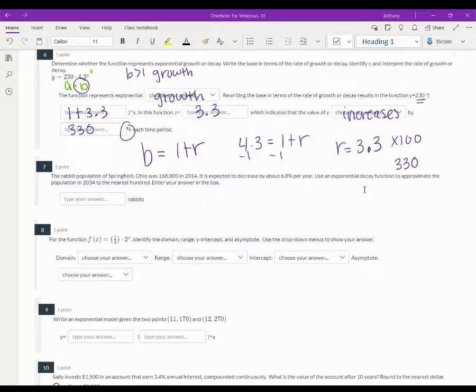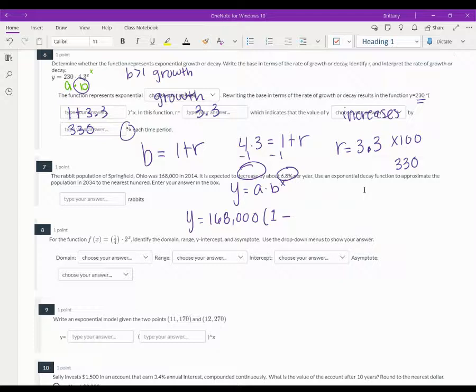So we have a times b to the x. A is our starting value. So in this equation, 168,000. It is going to decrease, so 1 minus my rate as a decimal.